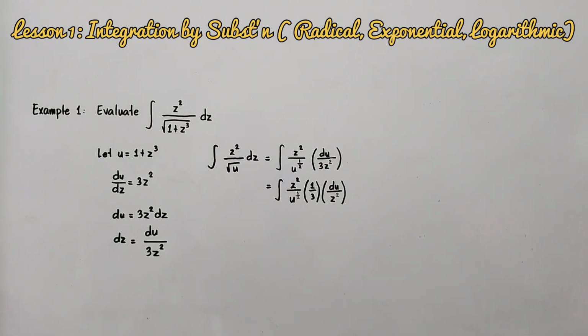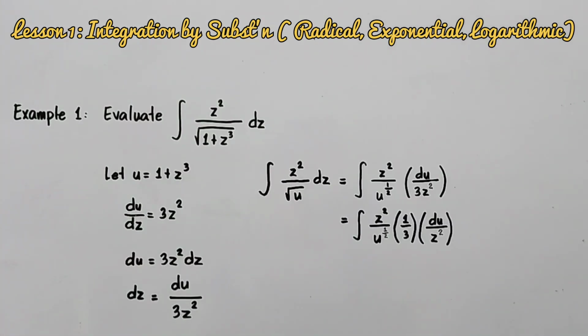Since we let u equal 1 plus z cubed, our new expression becomes the integral of z squared over the square root of u dz. This integral is the same as u power 1/2 times the equivalent of dz, which is du over 3z squared. And this du over 3z squared is the same as 1/3 times du over z squared.